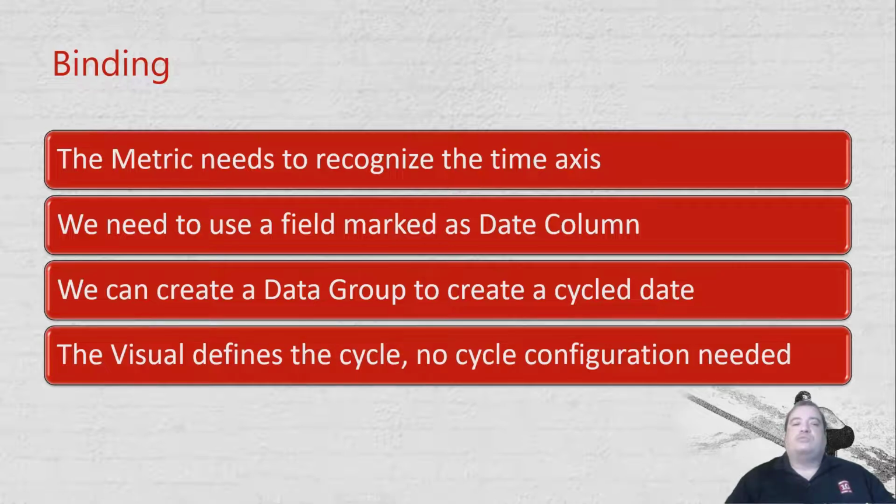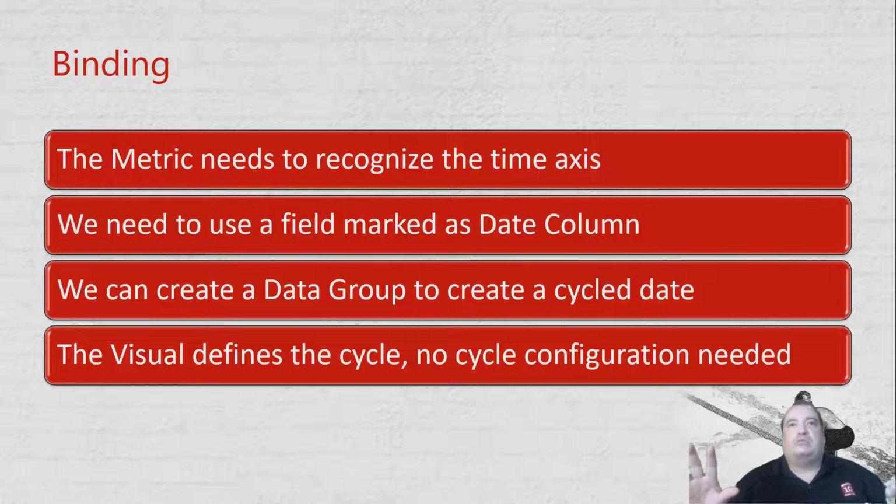The visual defines the cycle. No cycle configuration needed. What does this mean? This means that once we have a visual and the visual has data for every month, the visual is defining the cycle. The check-ins will happen every month and we will not need to define the time period of the metric, saying, oh, this metric will be repeated every month.